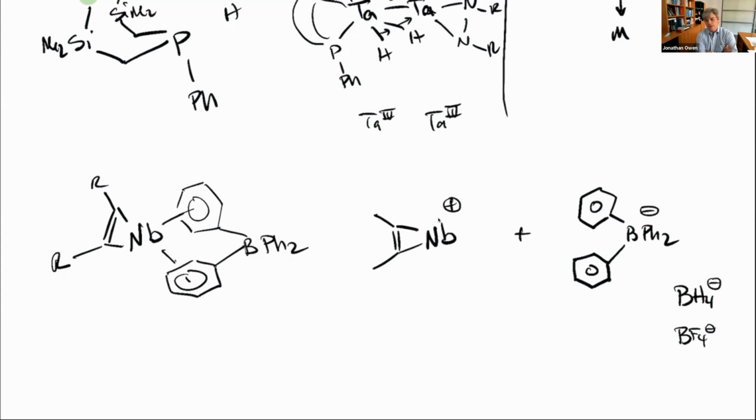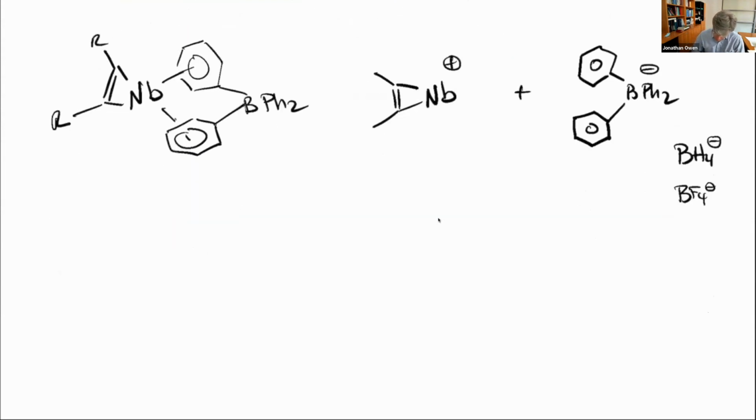The compound on the left does not illustrate that there's a formal negative charge on the niobium center. And so you have to be aware of that when counting charges on the metal. There are a variety of other ligands that have that feature too. You know, even N-heterocyclic carbene.